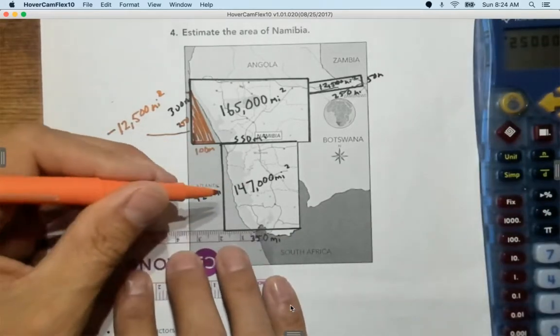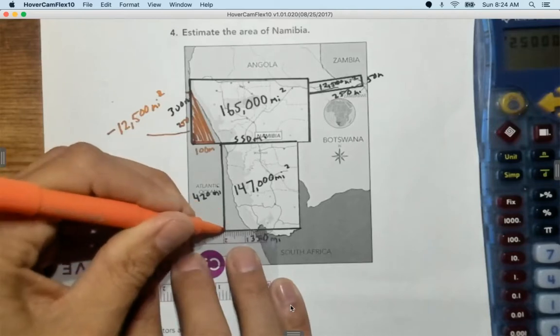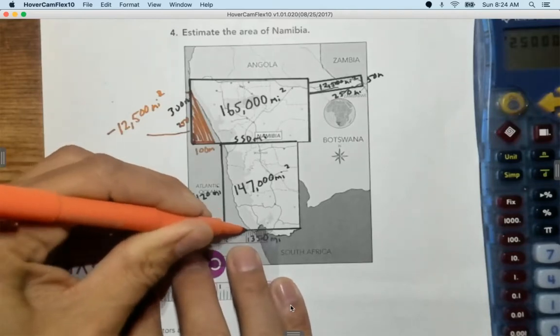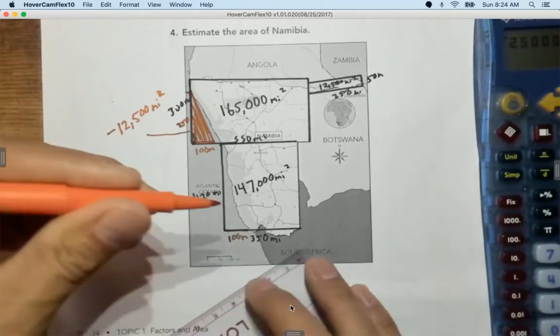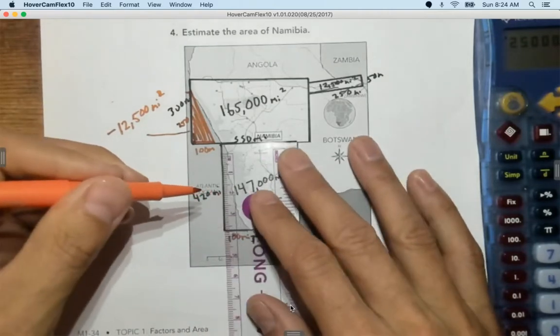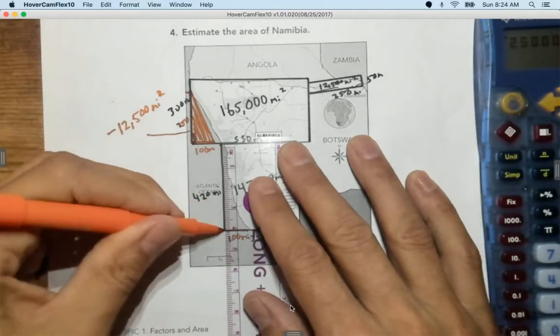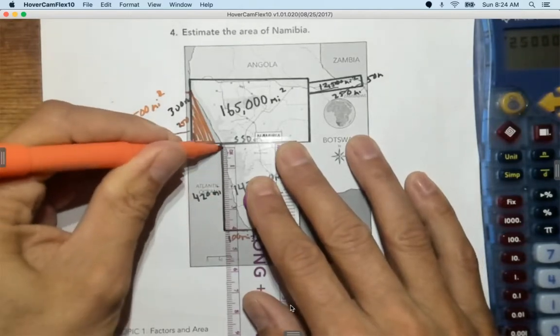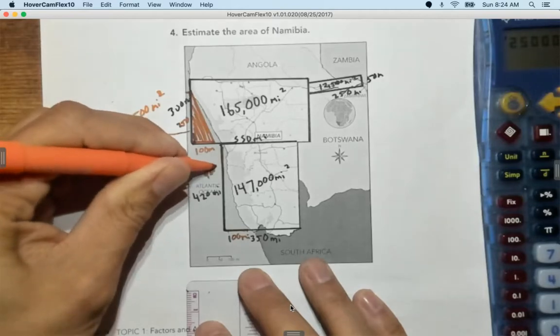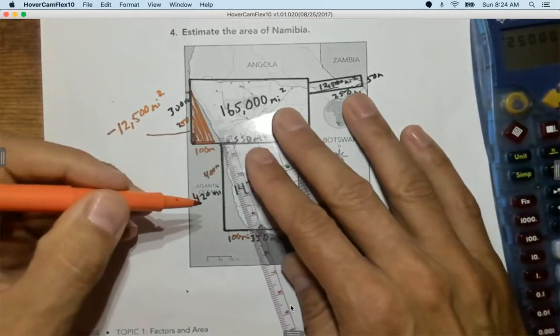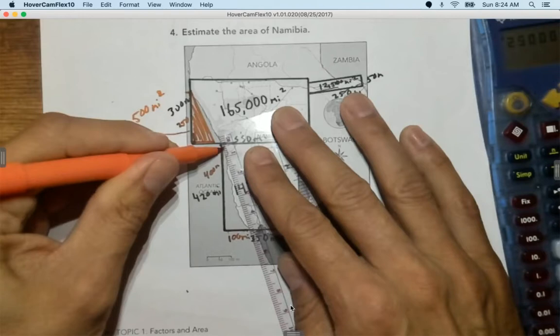Okay. And then I could do the same thing with this rectangle here. I want to make my estimate a little bit better. So once again, I'm going to go to about 100 miles or 1 centimeter on the map. And then I'm going to go up about 4 centimeters on the map, or 400 miles on the map. Then I'm going to connect the 2 points to make a triangle.